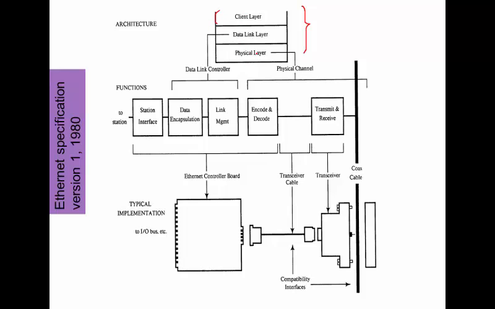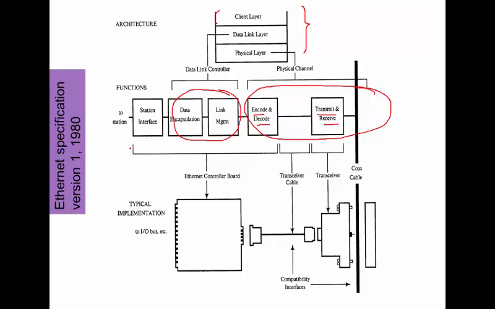So in the physical layer, what this specification regulated is some algorithms of encoding and decoding, and some transmission protocols. Those are all described for this physical layer. Data link layer, so encapsulation and link management, that can be described here, and more.